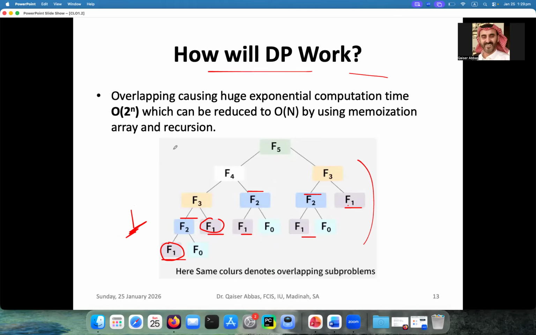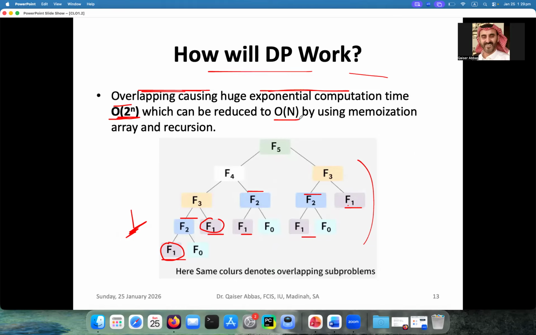So here the overlapping problem is causing huge exponential computation. If we handle this overlapping, the time complexity of the brute force approach will be reduced from exponential to linear.